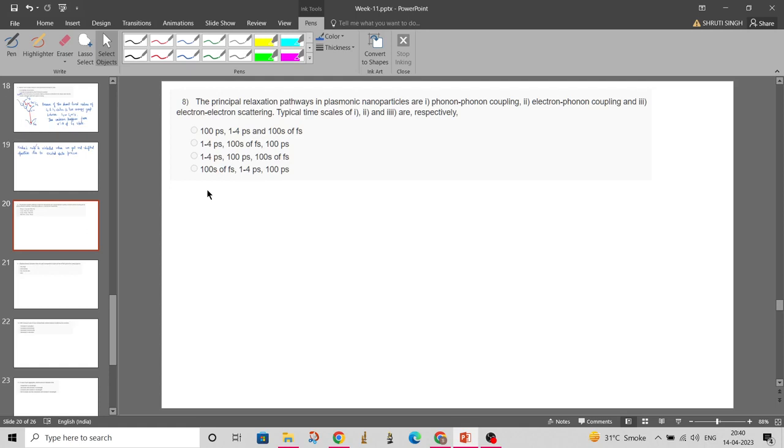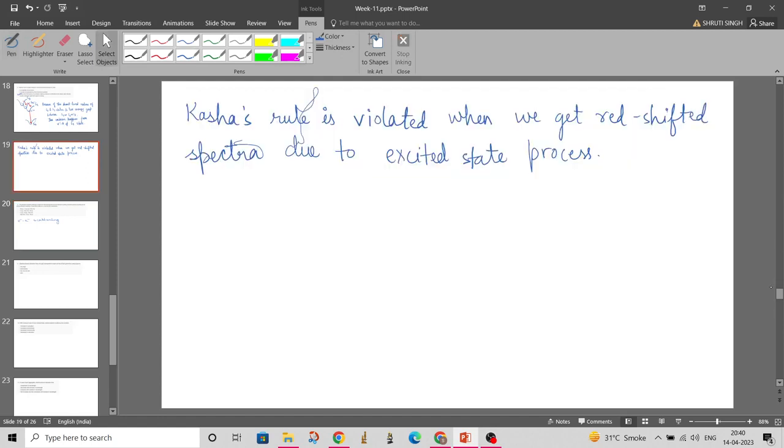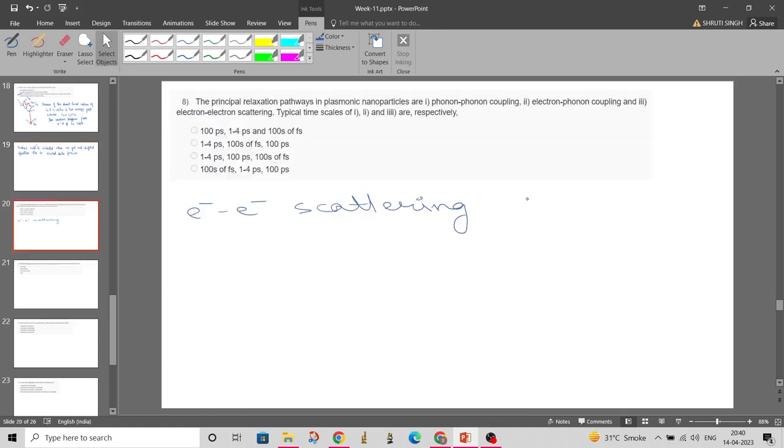So electron-electron scattering takes hundreds of femtoseconds.